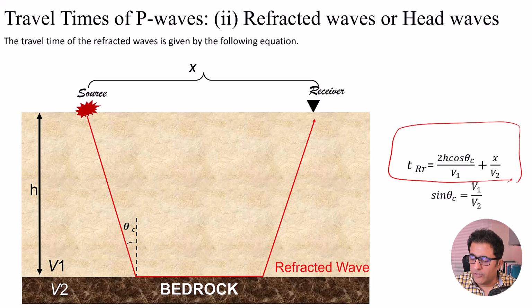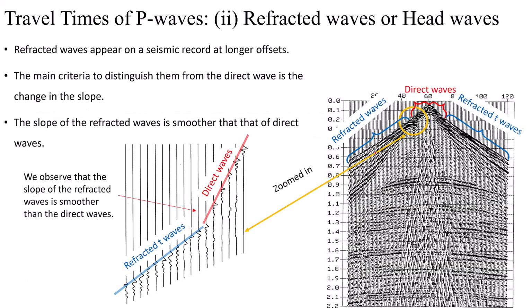If you look at it closely, you may notice that again the relationship between t and x is linear. When you look at a seismic shot record, as I said, at farther offsets the waves that get to geophones first are refracted waves. You may ask how we can distinguish direct from refracted waves.